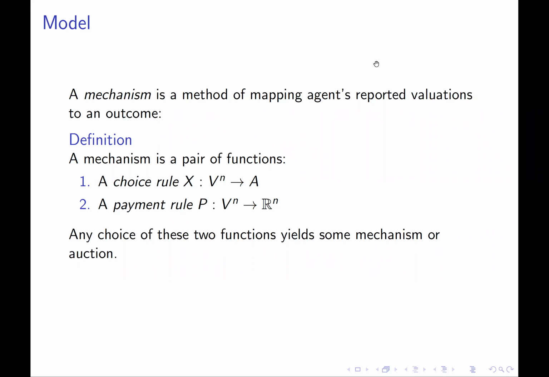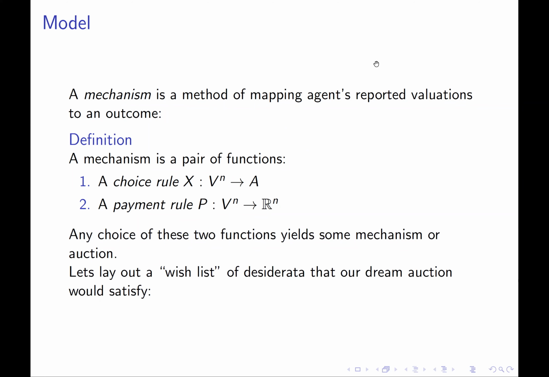For every vector of valuation functions that might be reported, the mechanism will choose some outcome, and the agents have utility functions over these outcomes. So we get to design an algorithm, and we'll introduce the algorithm into this setting, and it'll induce a game.